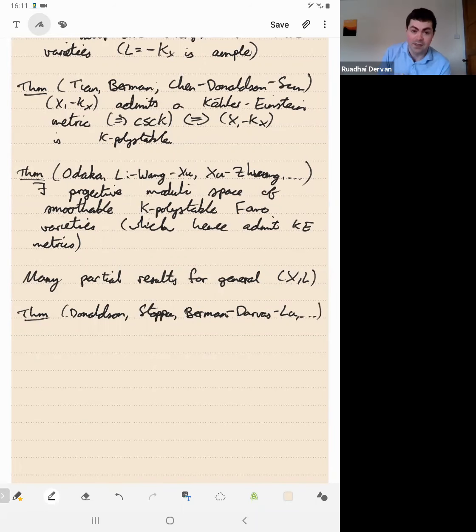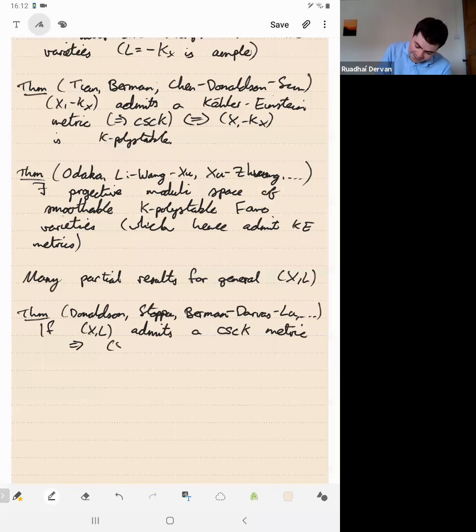But it's a long story. So the result is that if a polarized variety (X, L) admits a cscK metric, that implies that (X, L) is K-polystable.